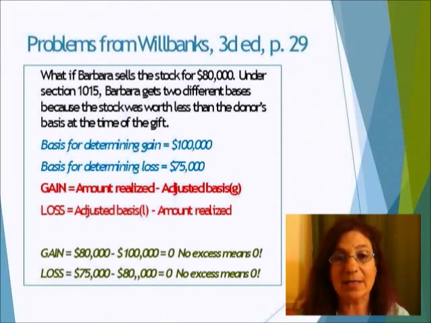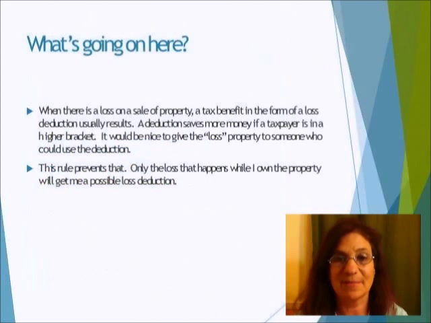So no excess means 0 loss. So there's no gain and there's no loss, right? If Barbara sells anywhere in that no man's land between 100,000 and 75,000, she will have no gain and no loss.